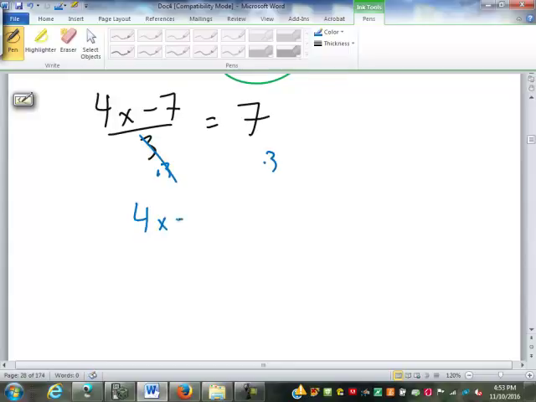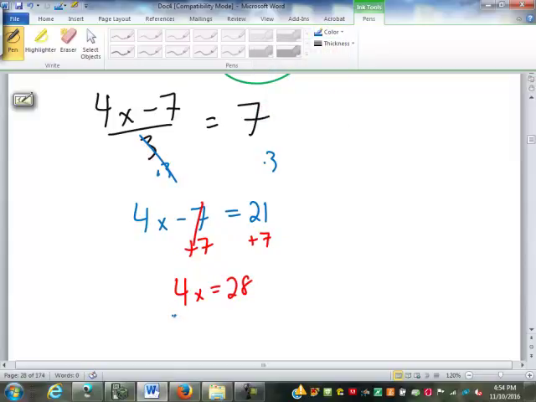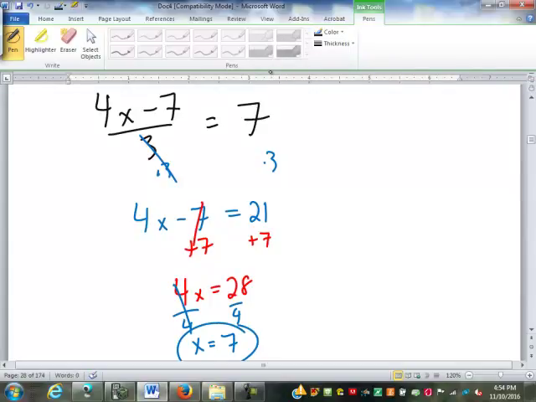I just have my 4x minus 7 here. Over here I got 7 times 3 is 21. And now I solve it like any other equation. I'll add 7. 4x equals 28. And I will divide by 4. X equals 7. Questions?